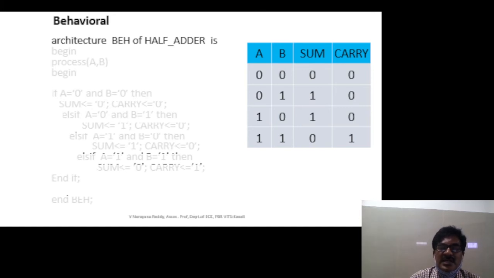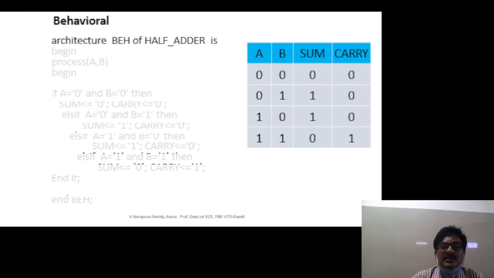The user can use names of interest, but usually the name should be proper, related to the digital system for which we are going to write the program. So here I am placing BEH, meaning behavioral, of half adder. Half adder is the entity name already given in the entity declaration part, so the same name I am using here also.